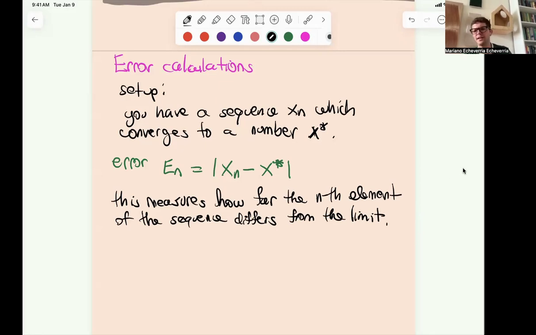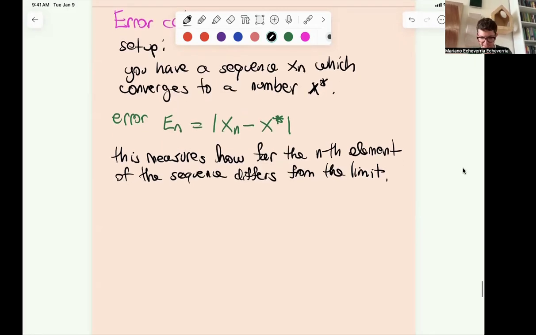So a silly example of this. If the sequence were something very simple, like 2 plus 3 over n, right? Then we know that the limit, what is the limit in this case? The limit would be 2.